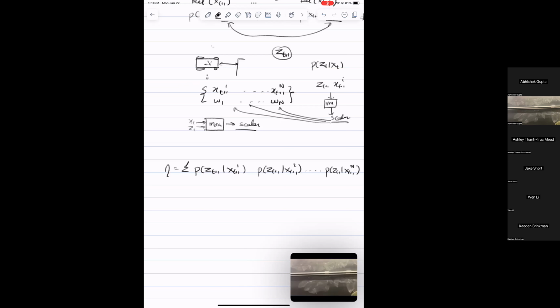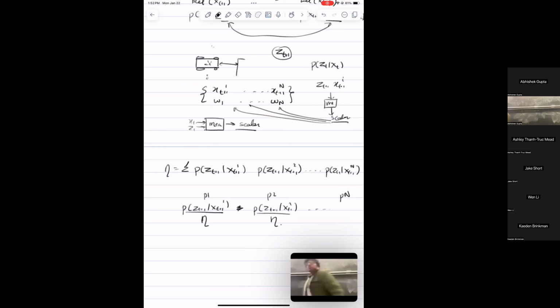And so you can normalize them to say you're going to get p(z_{t+1} | x_{t+1}^1) by eta, plus p(z_{t+1} | x_{t+1}^2) by eta. Or rather, this is the weight for particle 1, this particle 2, all the way till particle n, right?